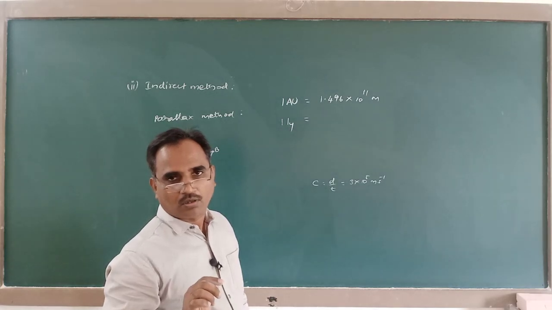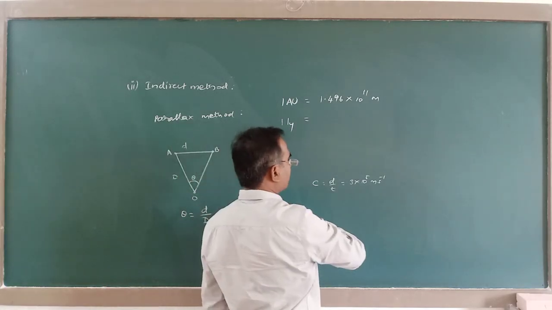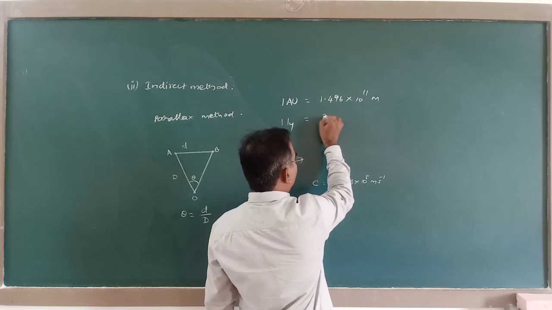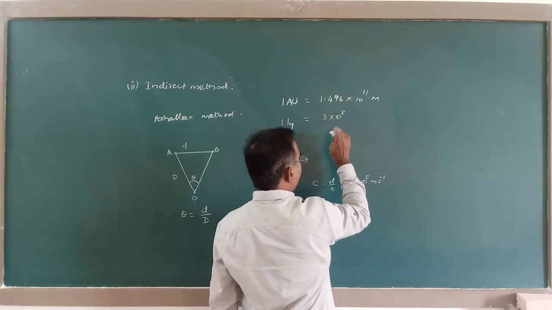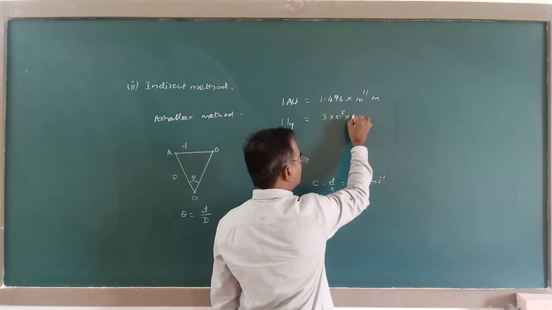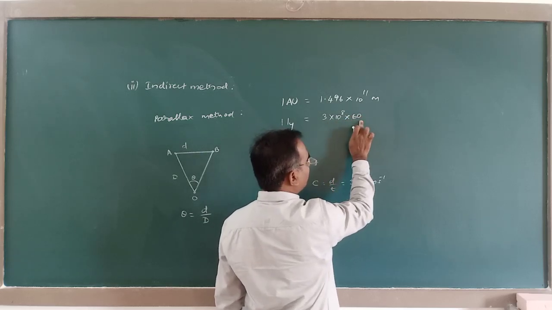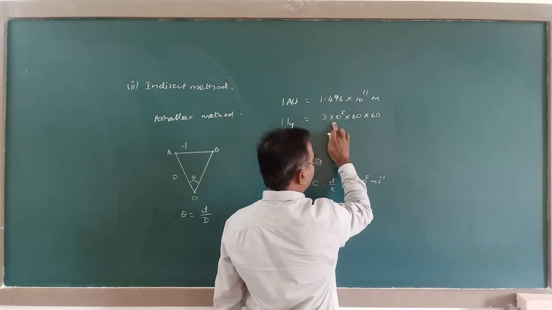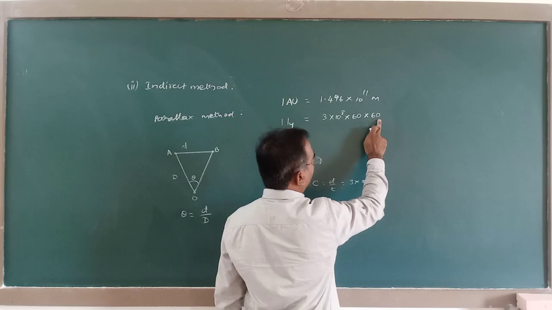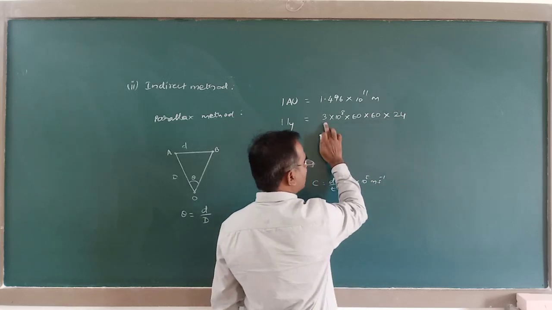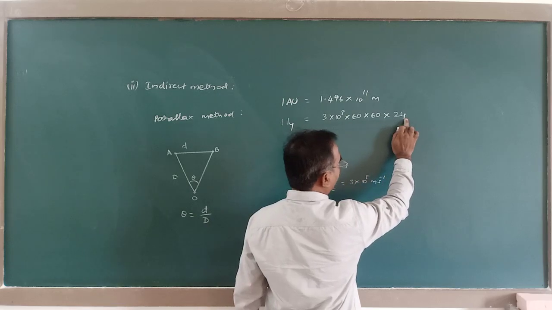So 1 light year means the distance travelled by light in 1 year. So 3 into 10 to the power of 8 meter is the distance travelled in 1 second. Into 60, this is the distance travelled in 1 minute. Into 60, this is the distance travelled by light in 1 hour. Into 24, it is the distance travelled by light in 1 day.